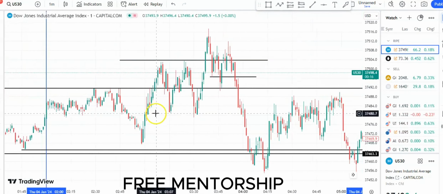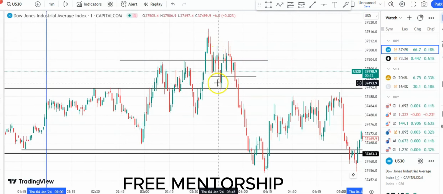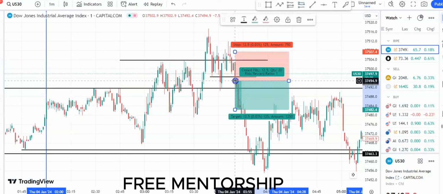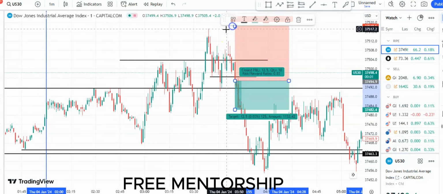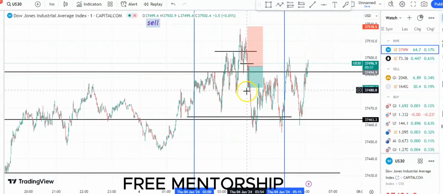We have the pump, we have the M pattern with the breaking structure, we have the pullback, we have the engulfment candle. So I'm putting that as my entry, then my stops above that high, and I'm targeting the low of the day.